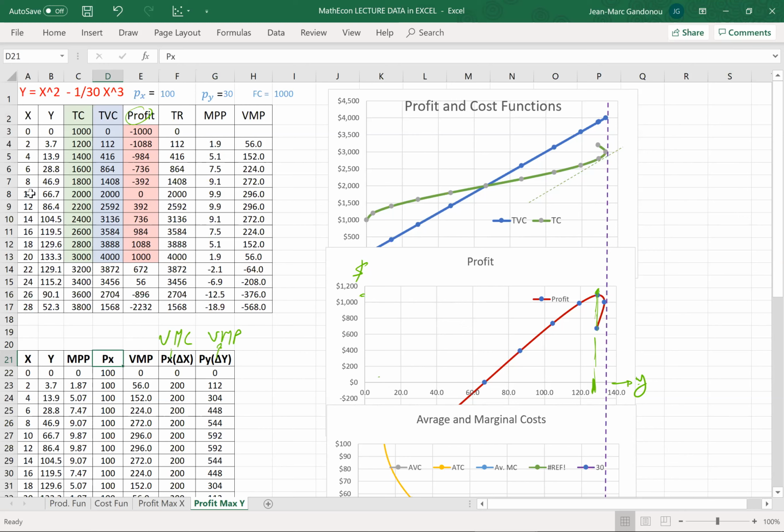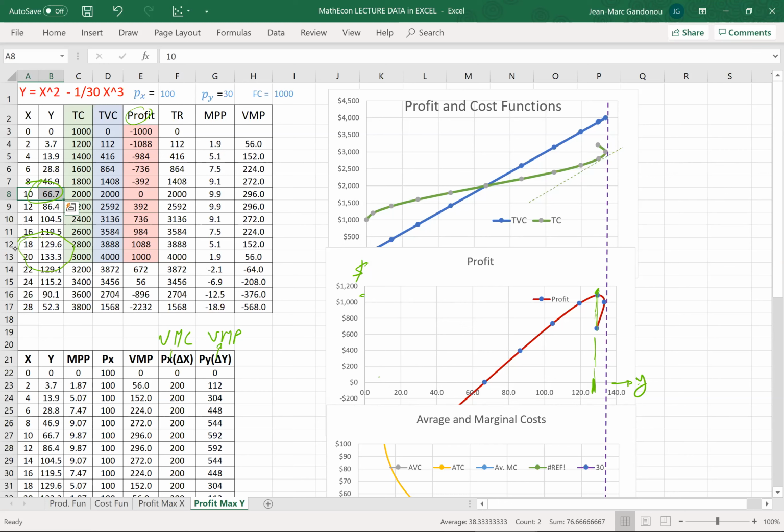And on our graph here, we can see that profit is 0 here. That's at 10, the inflection point. Well, yes, at 10 for x, and 66 for output. But our maximum profit is around this area here, right?